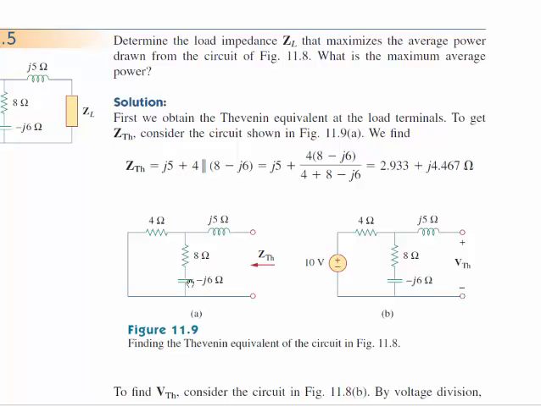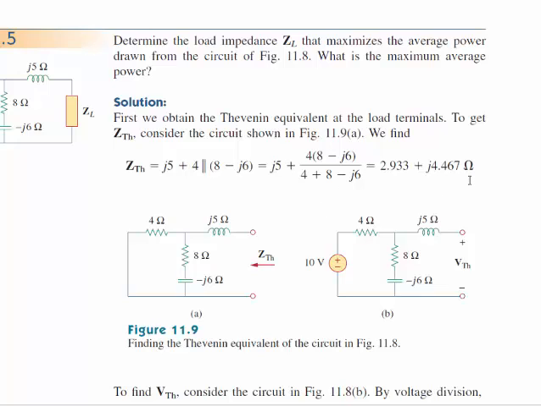So those two are in parallel, and then you add the J5 in, and then you have the total equivalent impedance as seen by the load here. So that's what they did here. They have the J5 that's in series with the 4 that's in parallel with 8 minus J6. You can just crunch through the numbers and you'll get that as the equivalent impedance.